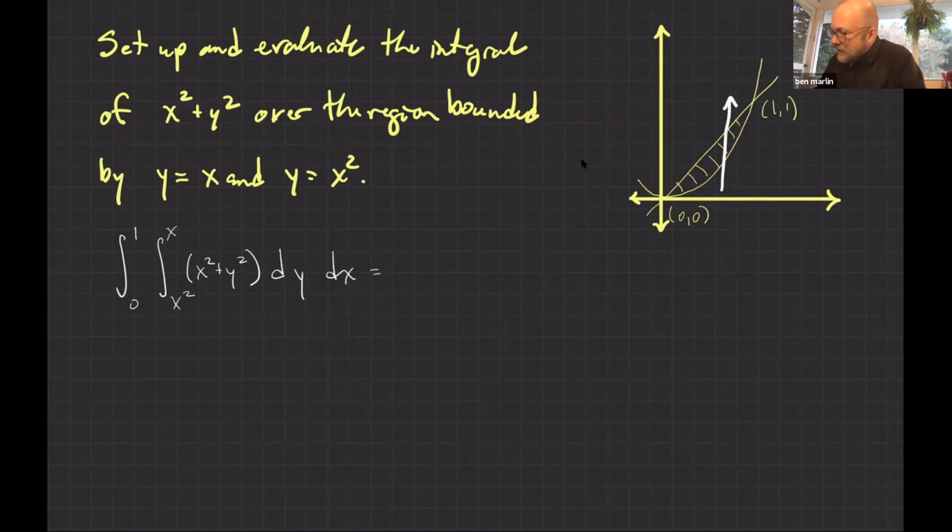So evaluating it, notice that we could not factor. So we have to think about what's the integral of x squared with respect to y. Well, that's just going to be x squared y. And the integral of y squared with respect to y would be plus 1/3 y cubed. We will have to evaluate from x squared to x, and then have our dx after that.